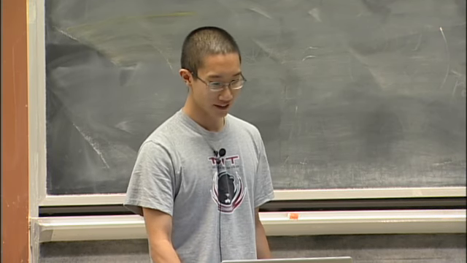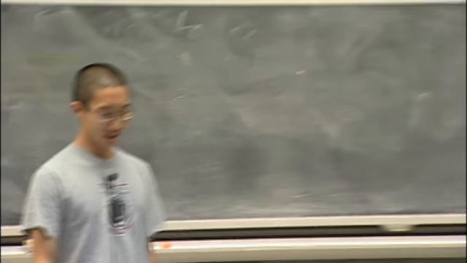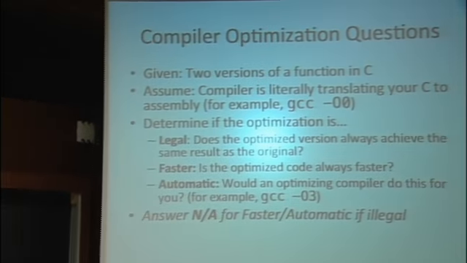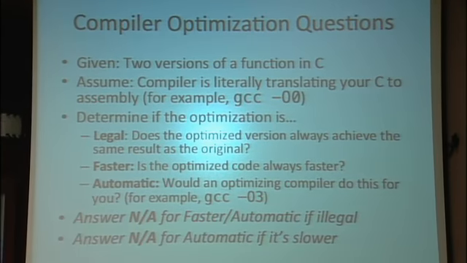And then legalese. If the optimization is illegal, let's not answer whether or not it's faster or automatic. And if the optimization actually makes things slower, then let's not answer whether or not the compiler does it for you. Some of us have more cynical views of the compiler than others, so we'll just disregard that.